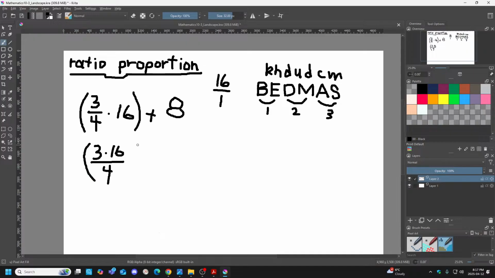And then plus 8. I'm kind of moving the 8 over a little bit more. So it's, again, just pretend this is a fence. It's the last thing you do.